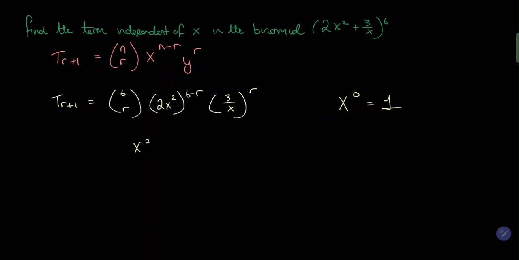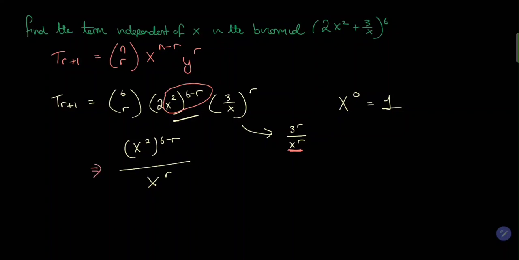I have x squared to the power of 6 minus r from this section. And then I also have x underneath the line, so I'm going to write divide by x to the power of r. So if you remember, this section is going to turn into 3 to the power of r and x to the power of r. I've taken this part, which is underneath the line, and this part here, and I've put them together there.